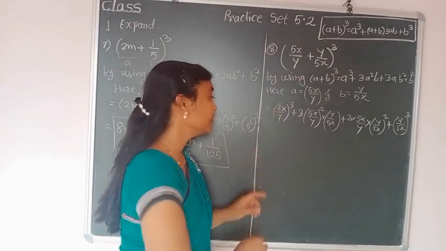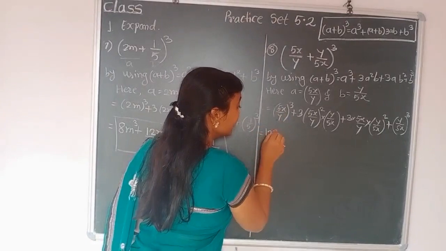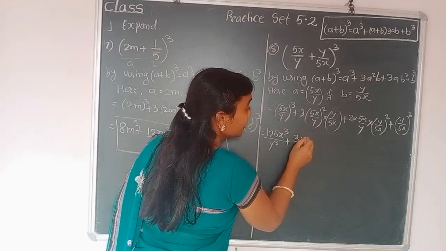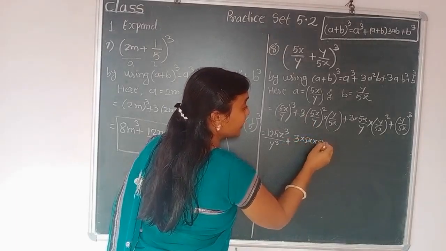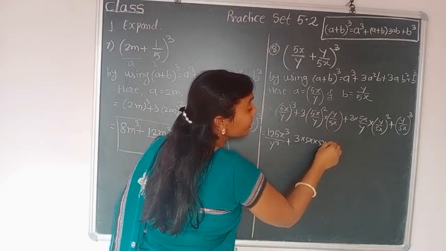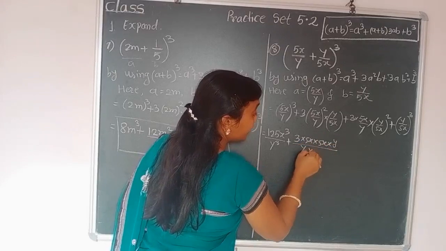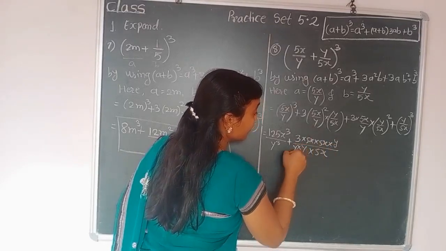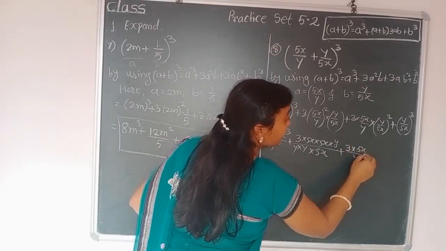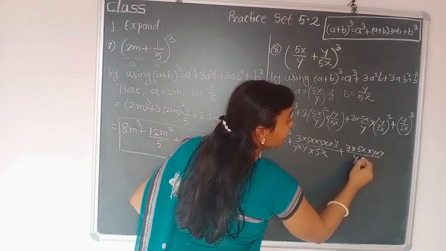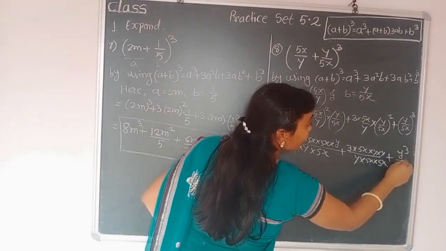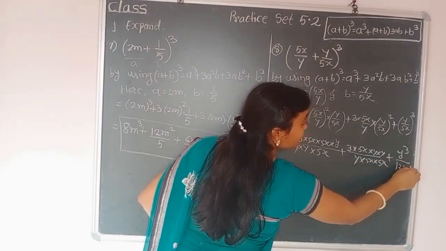We write here cube, then 5 cube is 125 x cube upon y cube, plus 3 into 5x into 5x. I write here square, in the form of 5x and 5x, because it is cancelled here. y into 5x, here is y square, so again y, plus 3 into 5x upon y into y into 5x into 5x, plus y cube upon 5 cube is 125x cube.